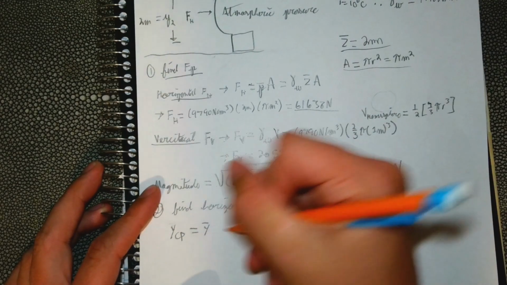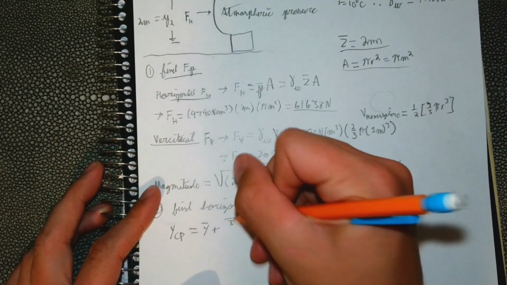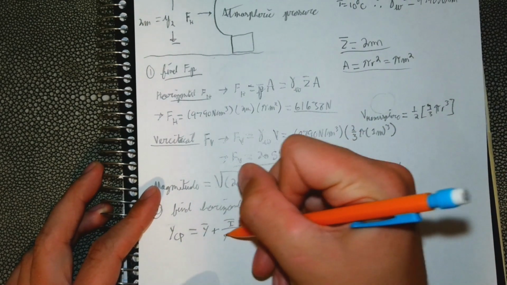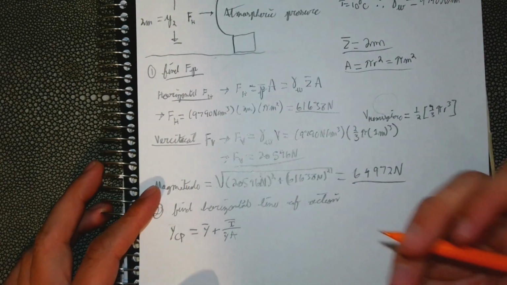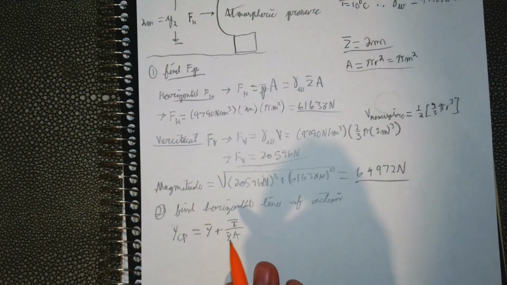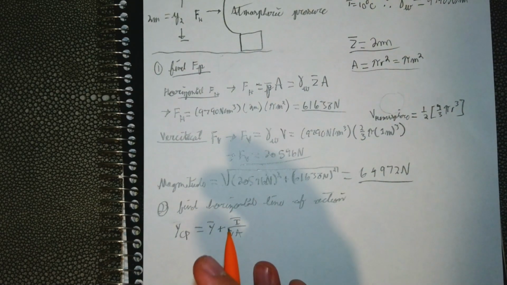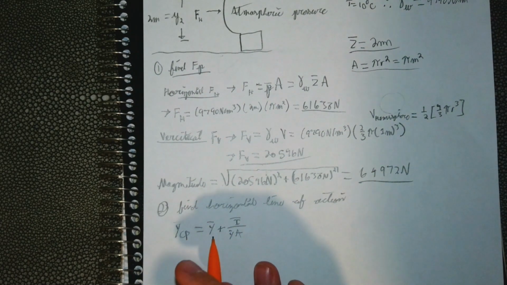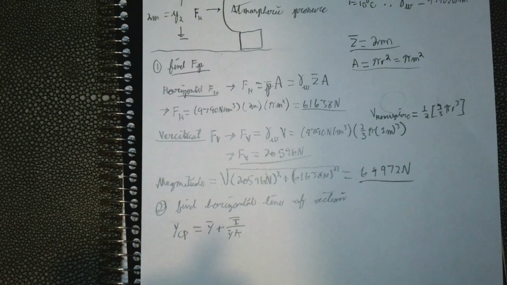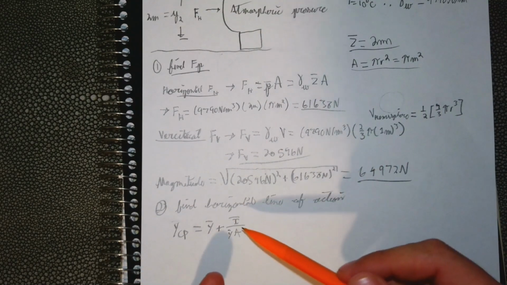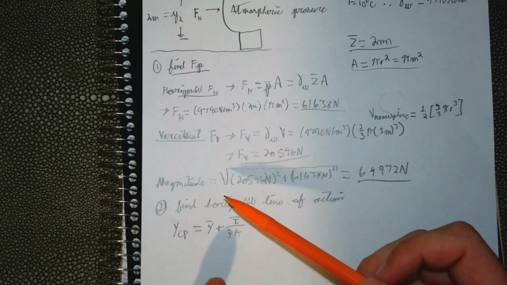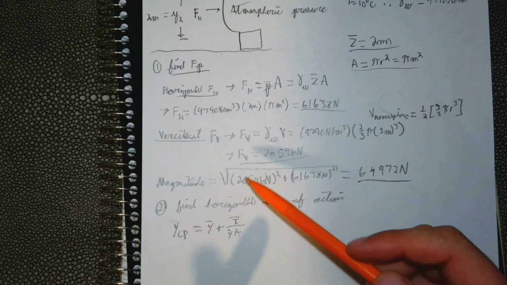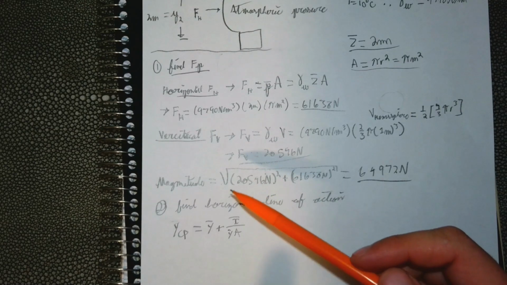Plus moment of inertia over the slant distance times area. Okay, so it's not really a slant distance. When we break it up in horizontal and vertical, they're at 90-degree angles. So the slant distance is really just the direct height from the surface of water, the water level, to the centroid.